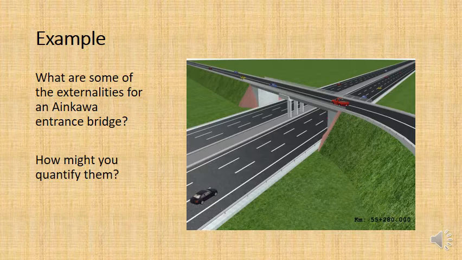Find out what percentage of cars are driving through, what percentage of cars are turning right from this road to that road, what percentage of them want to turn left, what percentage of them are currently using the U-turn further up the road, and so on and so on. That way you can quantify the external benefits. If you have a dollar value for every car that uses the intersection, you can quantify what is the external benefit and cost for each feature of this project.